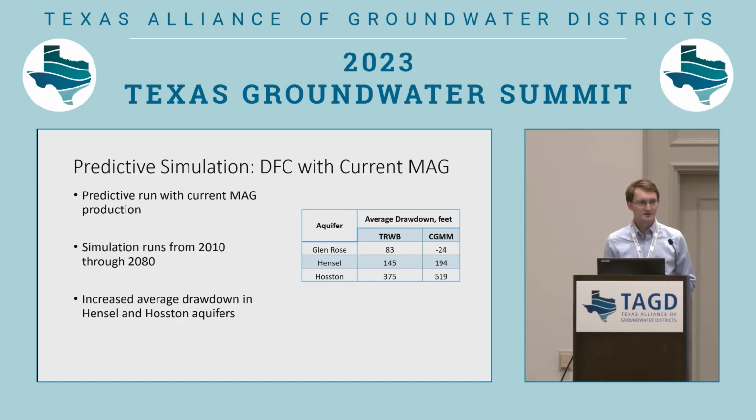That makes sense looking at the hydrographs from the Trinity Woodbine and the Clearwater model. We did show an actual increase in water levels with that pumping in the Glenrose, but we mostly focused all of our data on the middle Trinity and the lower Trinity.